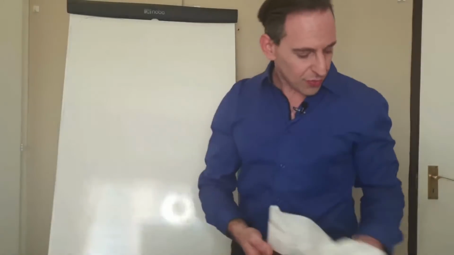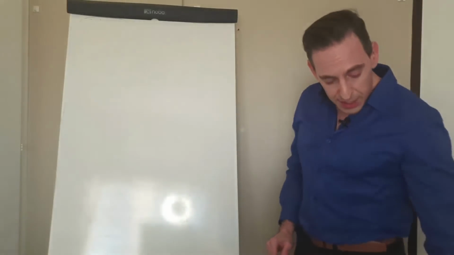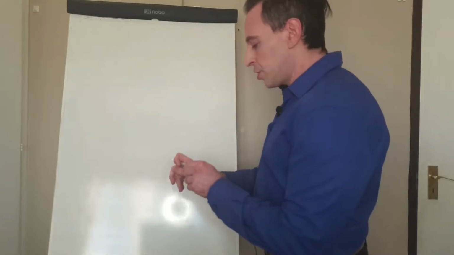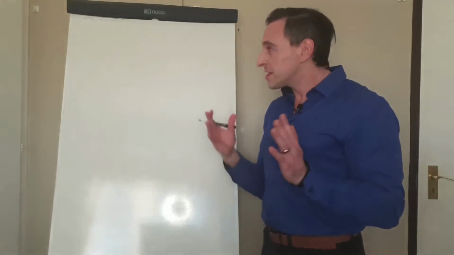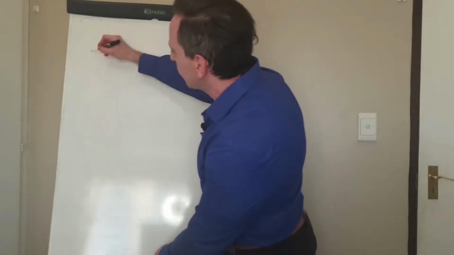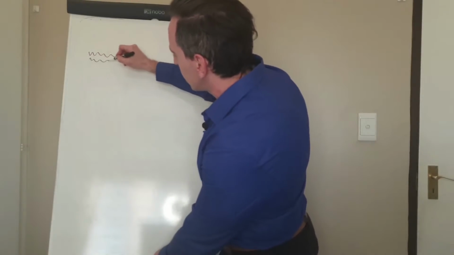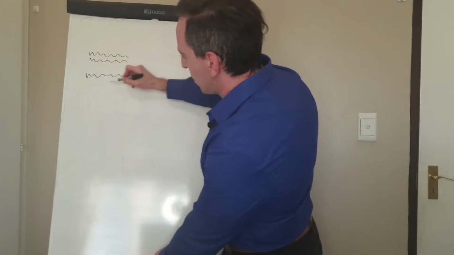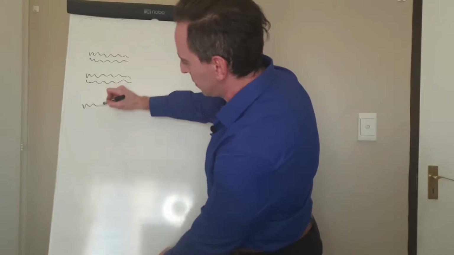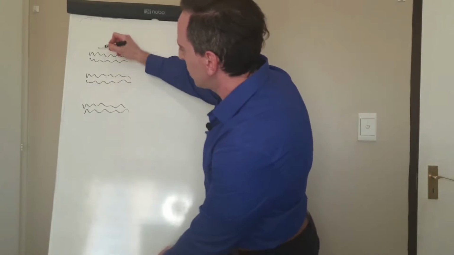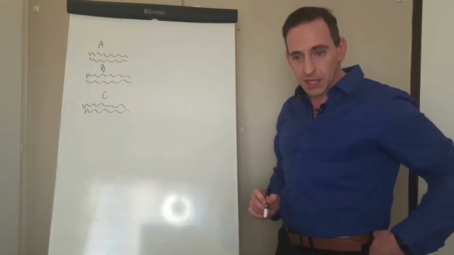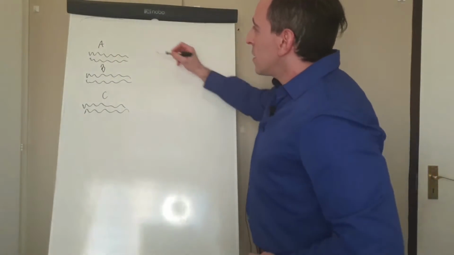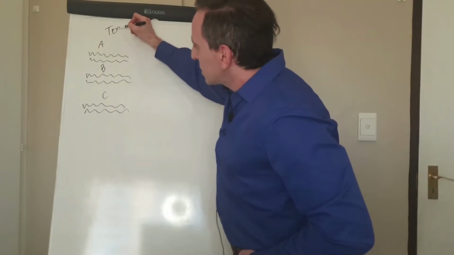All right. Now, matching headings. What does it mean? I'm sure you've seen it before. If this is your first time with IELTS reading, then what it means is you are given a series of paragraphs in the text. And usually they're labeled, for instance, A, B, and C. And then so that is the text.